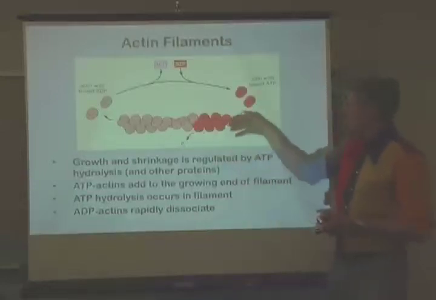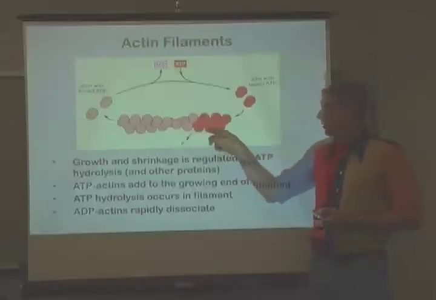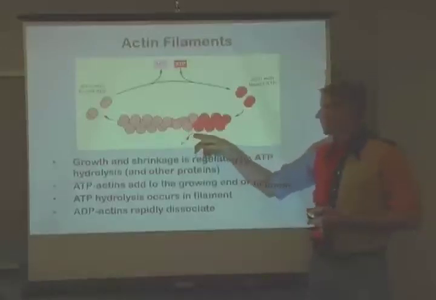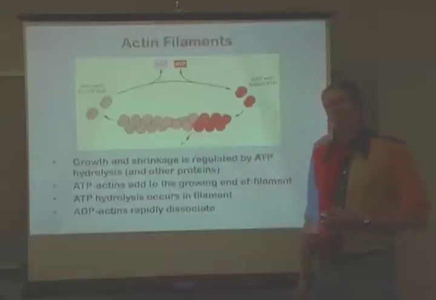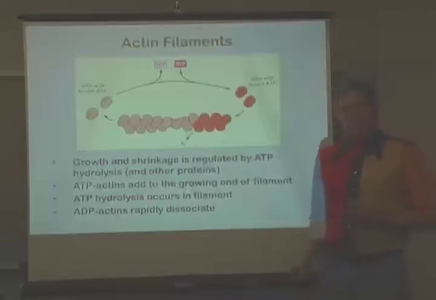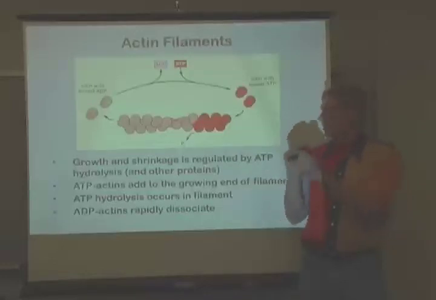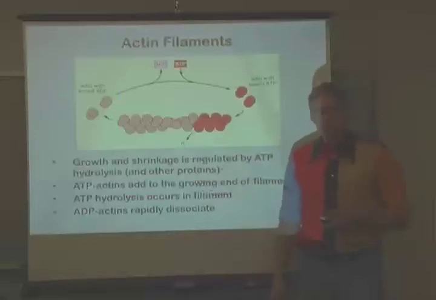So they sit there for a while, and then after a certain time, they hydrolyze their ATP and they have ADP bound. In this case, ATP is serving, like GTP and other things, as a molecular switching device. It changes conformation a little bit, making it easier for the subunits to dissociate.